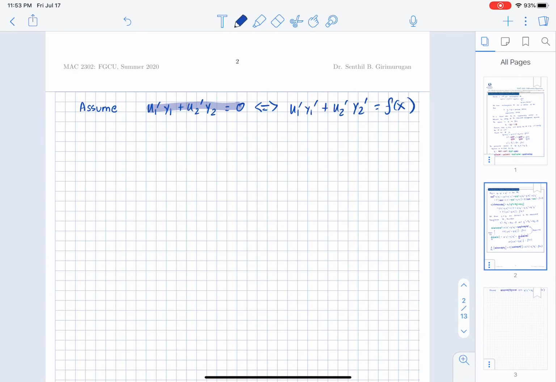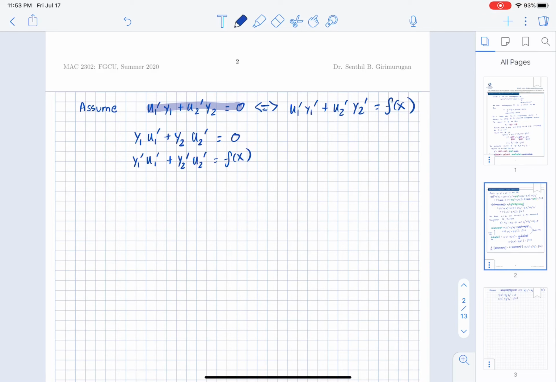Now I would end up having y1 u1 prime plus y2 u2 prime equals 0, y1 prime u1 prime plus y2 prime u2 prime equals f of x.